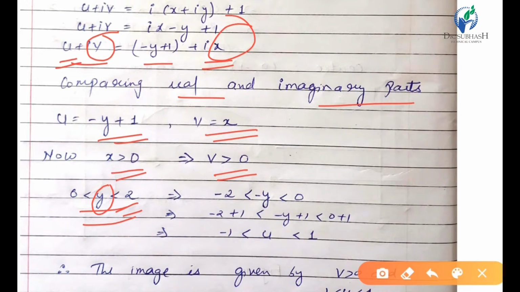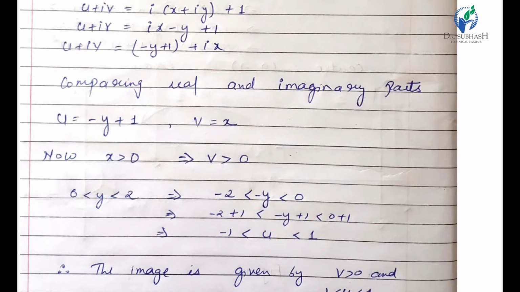So here our sign will be changed. So we get minus 2 less than minus y less than 0. Now here we want plus 1. So we will add 1 in the whole equation. So we get minus 2 plus 1, minus y plus 1 and 0 plus 1. So this will be minus 1, and now minus y plus 1 can be written as u. And this will be 1.